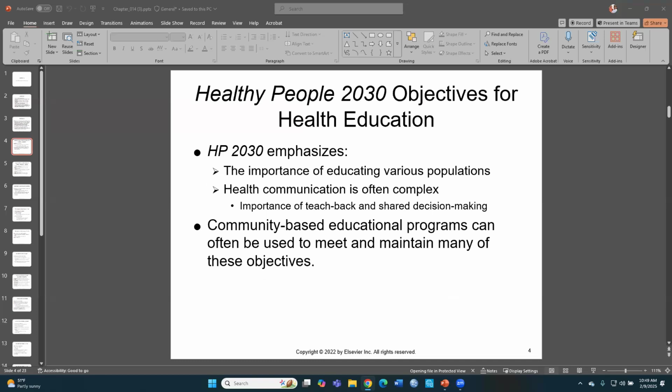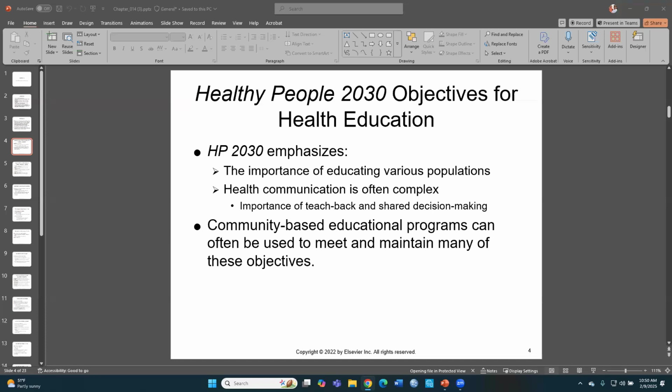We look at Healthy People 2030 examples related to health education: increase the health literacy of the population, increase the proportion of adults offered online access to their medical records, and increase the proportion of work sites that offer employee health promotion. And so when we're looking at designing, implementing, and evaluating health education activities, we do need to learn about the primary health problems in the community, as well as education principles related to learning and technology.